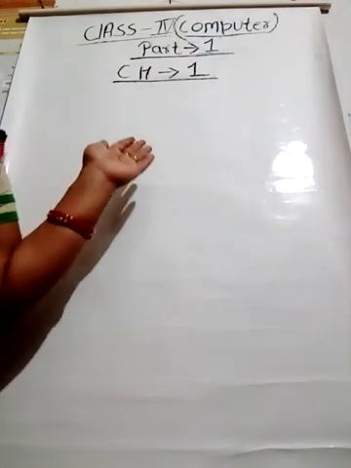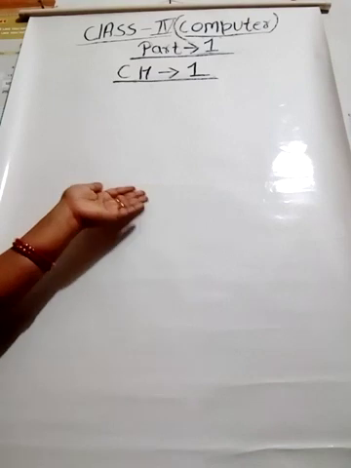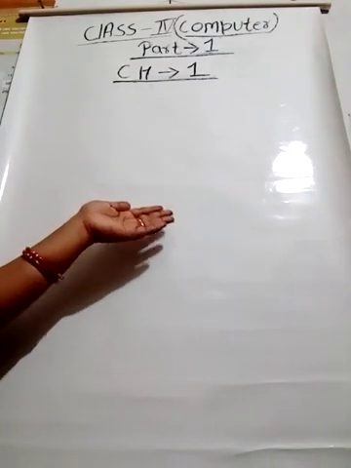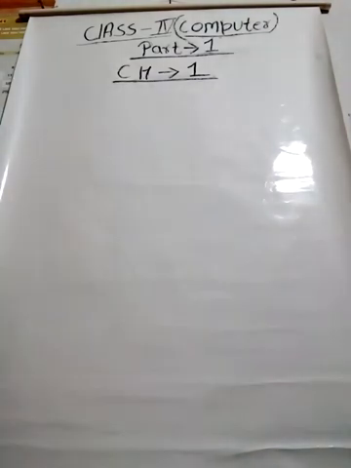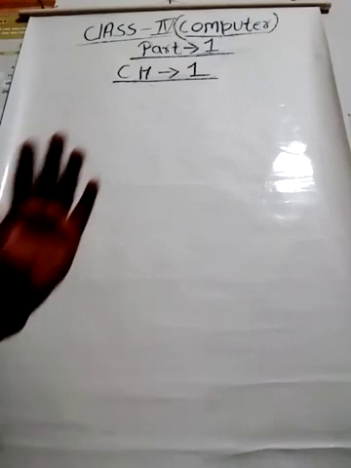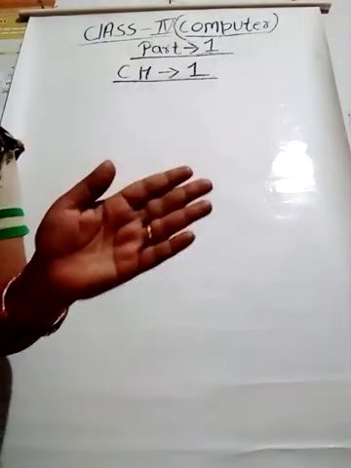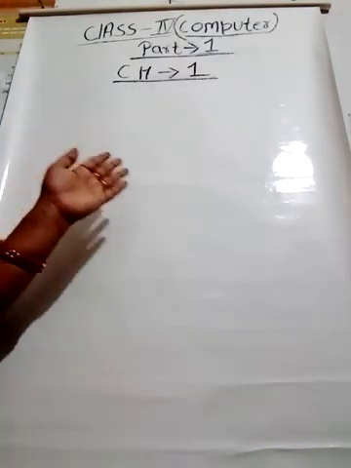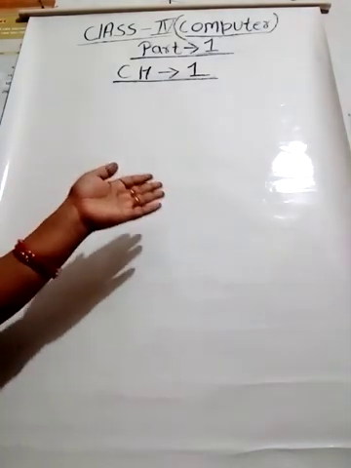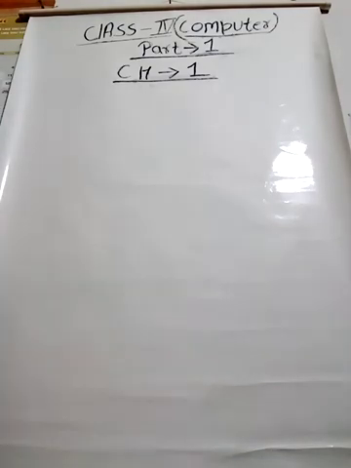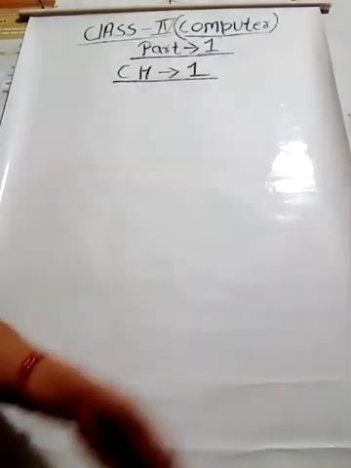We can also chat with our friends and family members with the help of this computer. A computer has a huge storage capacity where we can store our data and information. So in this chapter we are going to learn about the memory devices or the storage devices of a computer.